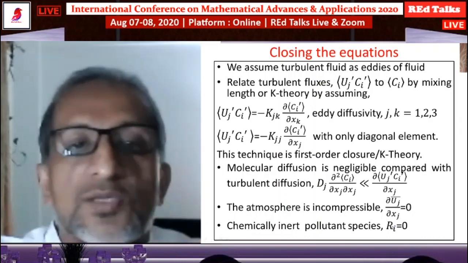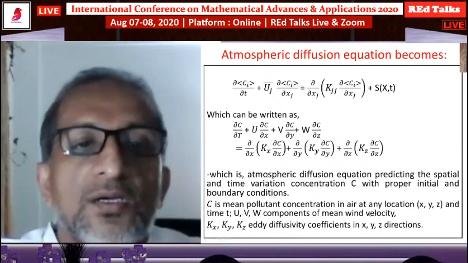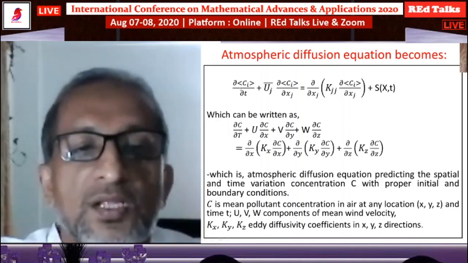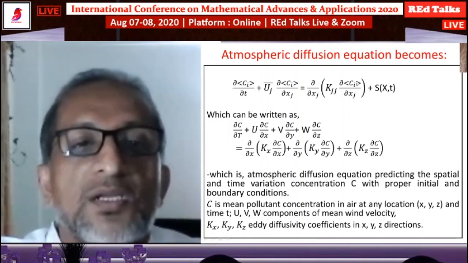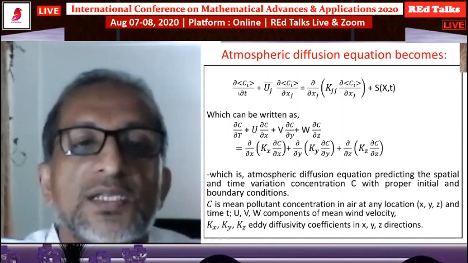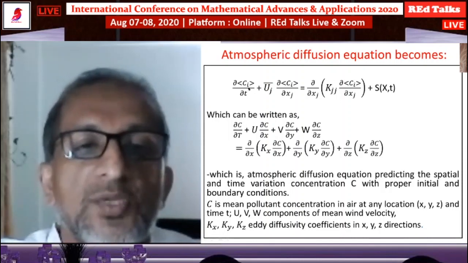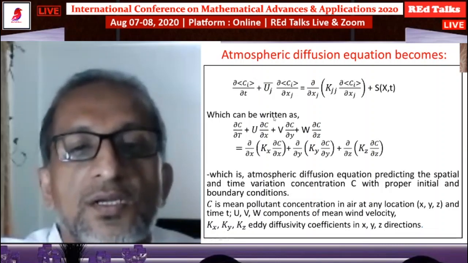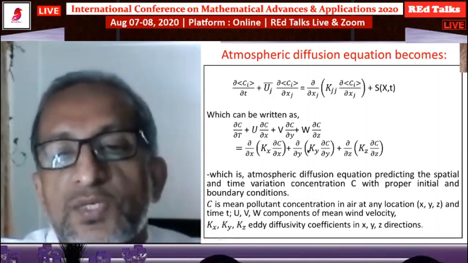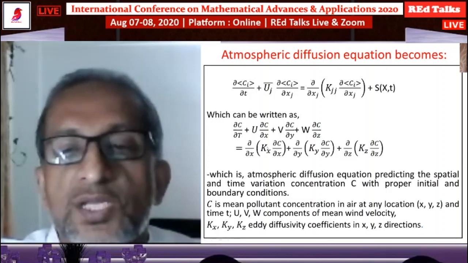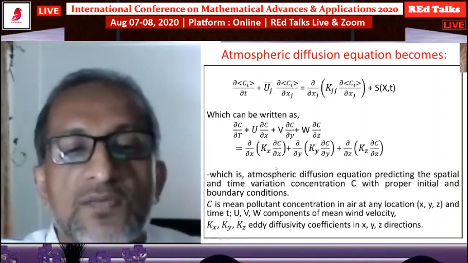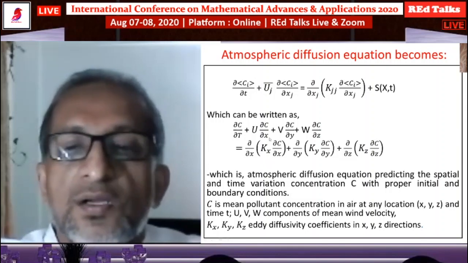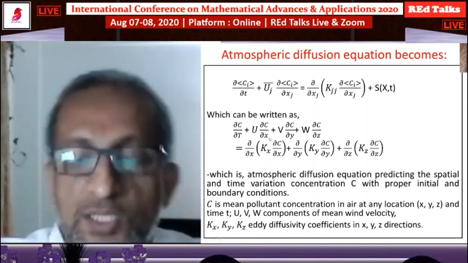Under these assumptions, the atmospheric diffusion equation becomes this, which can be expanded with i as the X, Y, and Z components. This is the expanded atmospheric diffusion equation, which predicts the spatial as well as the time variation of concentration C with the initial and boundary conditions.